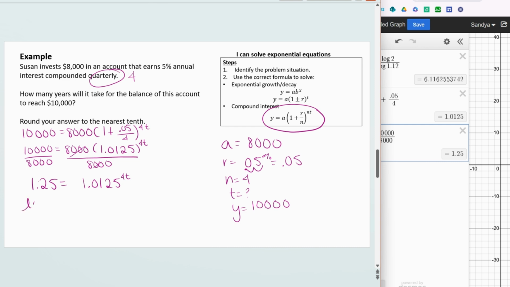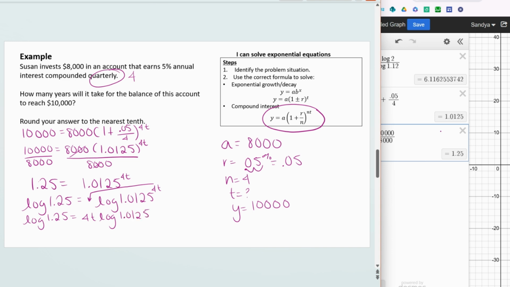Now I can go ahead and take the log of both sides. So I have the log of 1.25 equals the log of 1.0125 to the 4t. I'm going to go ahead and bring that 4t down in front. So I have the log of 1.25 equals 4t times the log of 1.0125.